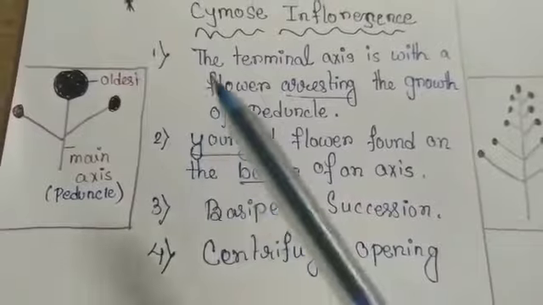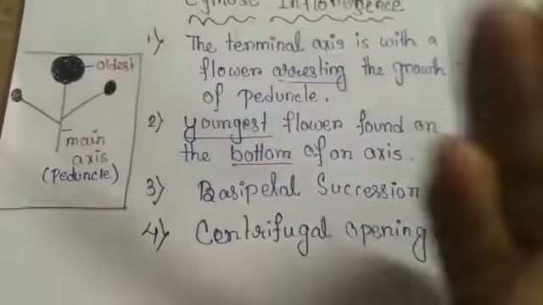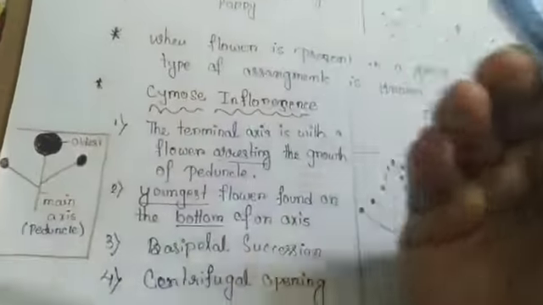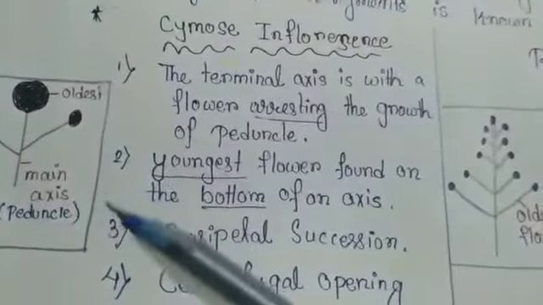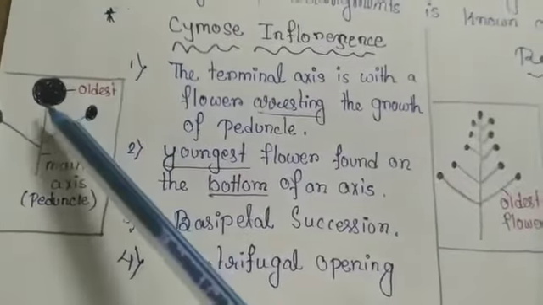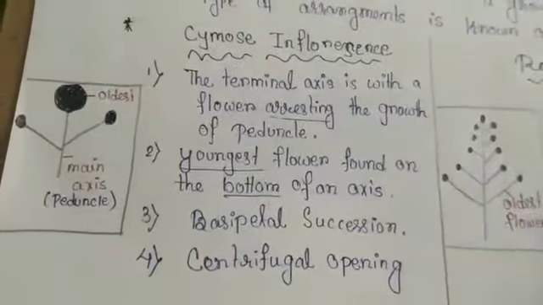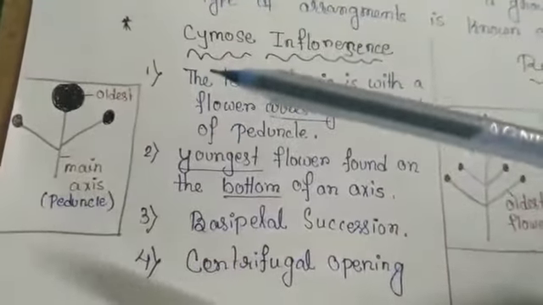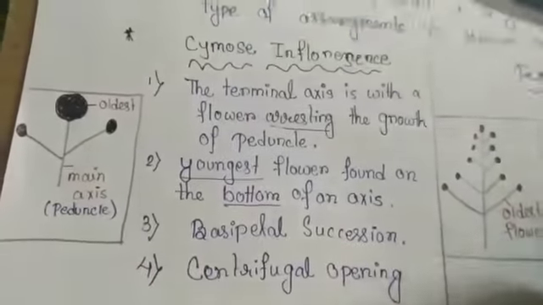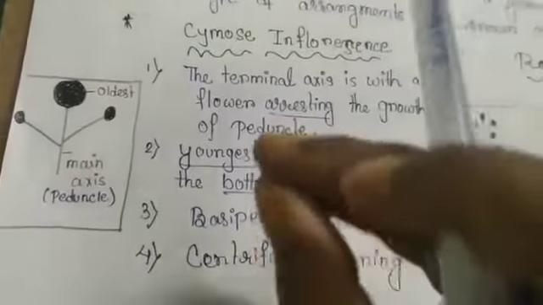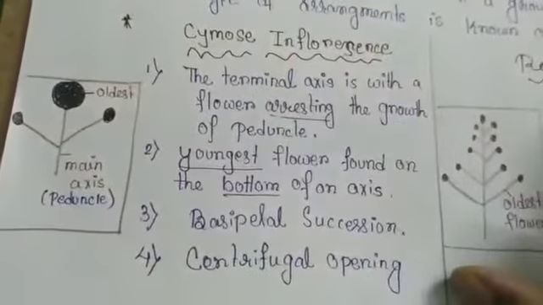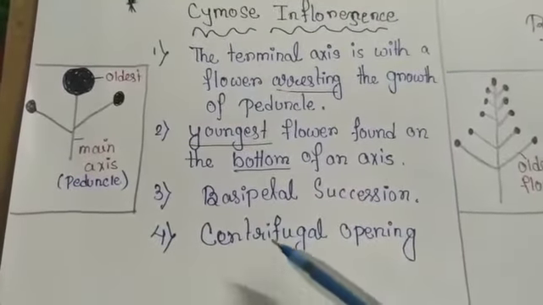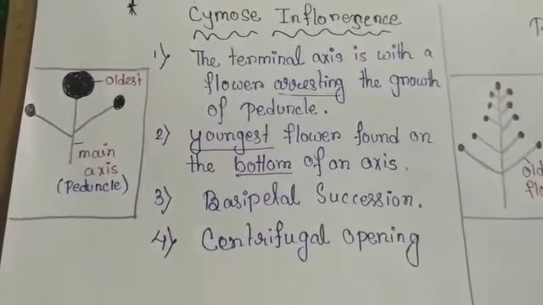When you take a flower like this, in the middle you will find the old flower, and around it you will find the youngest flowers. That means it goes from the center to the periphery. This feature is called centrifugal opening.